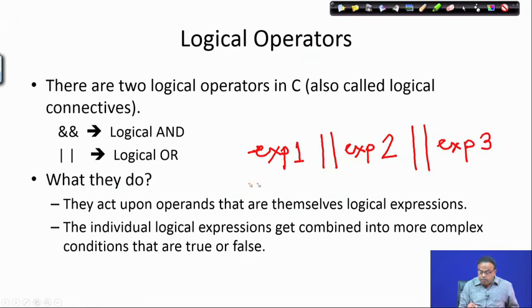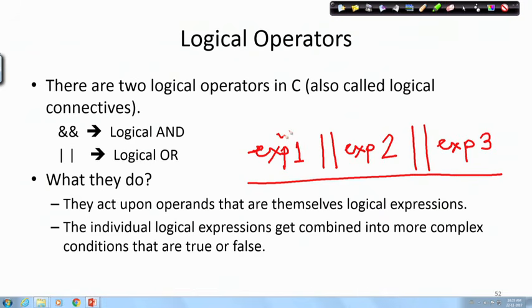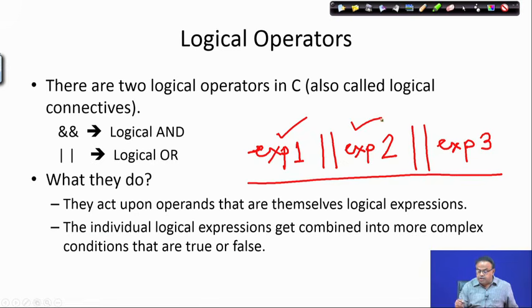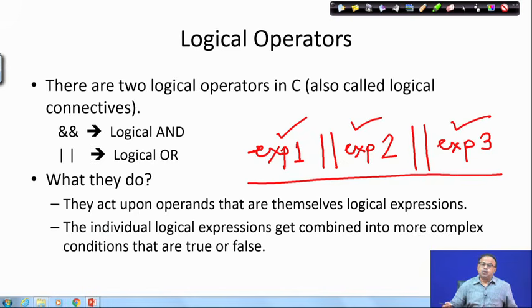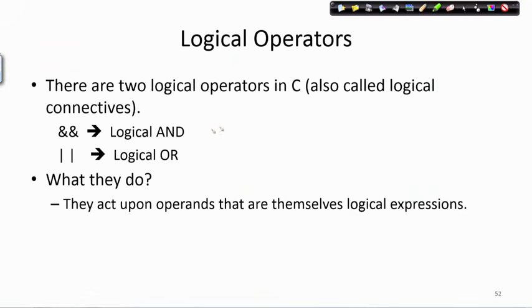Now, this composite expression will be true if any one of them, either expression 1 or expression 2 or expression 3, is true. If two of them are true, then also it will return true. If all the three are true, then also it will be true. But if none of them are true, then it will not be true.